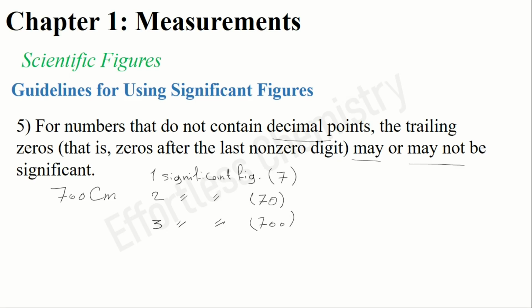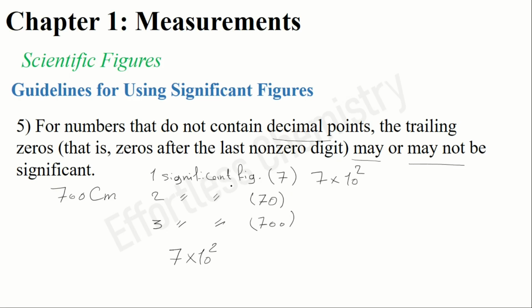By using scientific notation, however, we avoid this ambiguity. In this particular case, we can express the number 700 as 7 multiplied by 10^2 for one significant figure. If we have one significant figure, it is better to write it like 7 multiplied by 10 to the exponent 2.